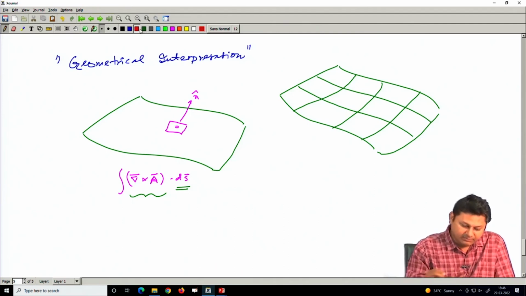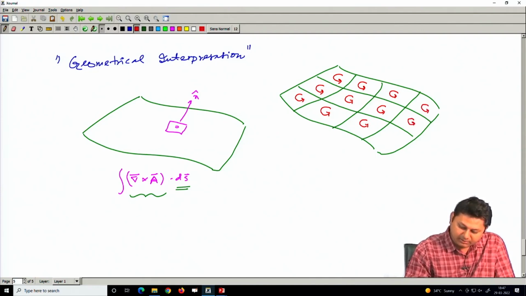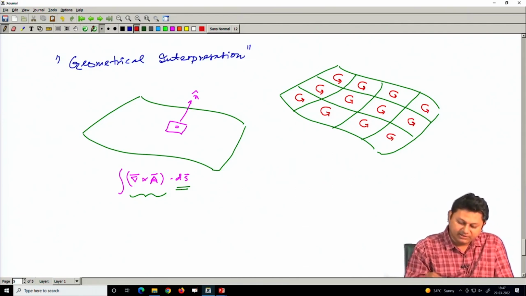The curl gives me the twist, how twisted it is, so I am calculating this twist at each delta S.